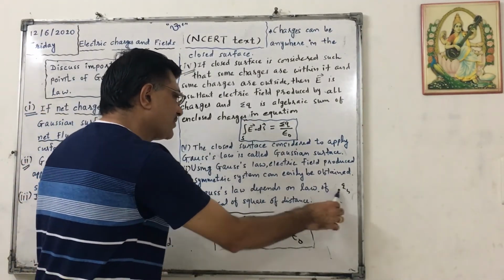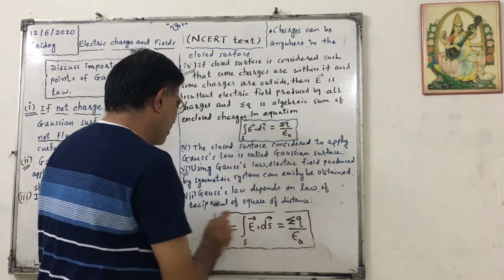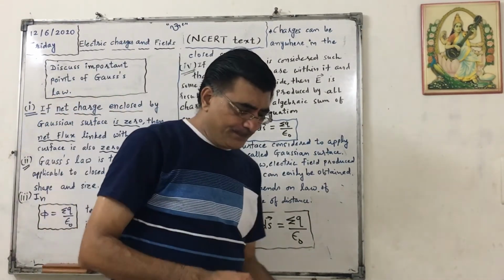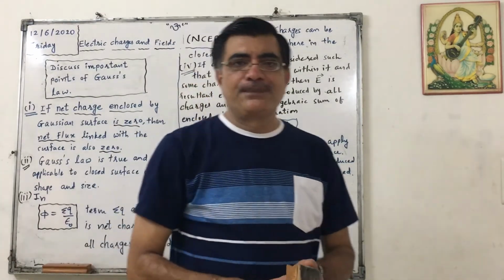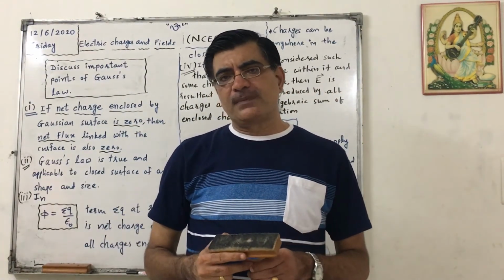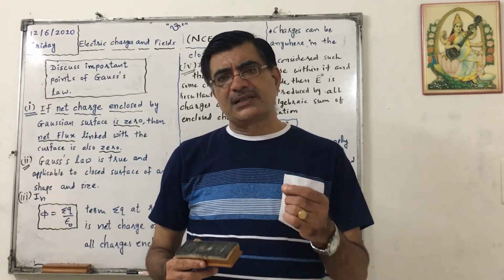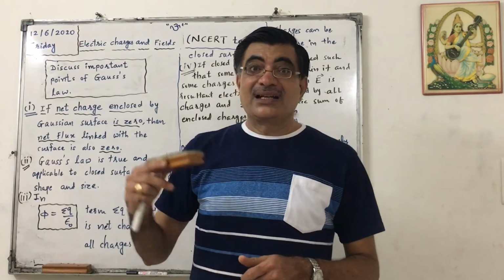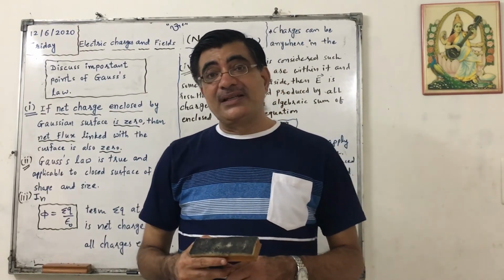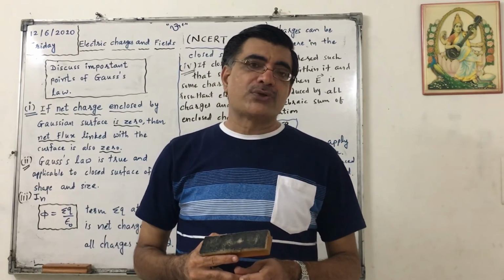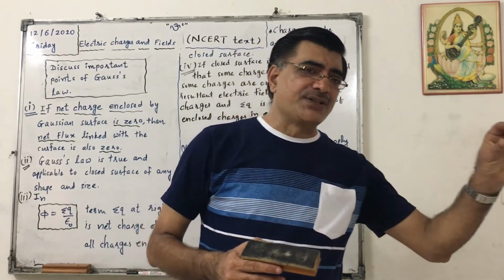Then, Gauss's law depends on the law of reciprocal of square of distance. Using Coulomb's law we can find the electric field produced by a single point charge. Gauss's law is used to find the electric field produced by continuous charge distribution.